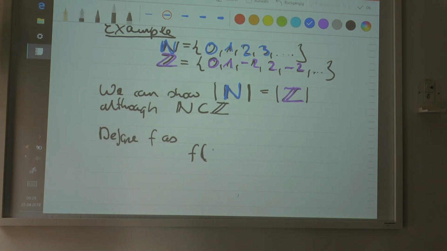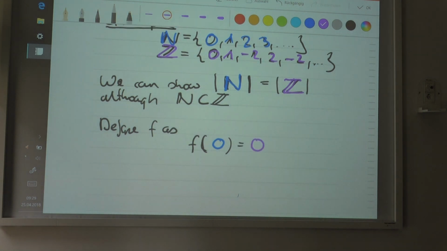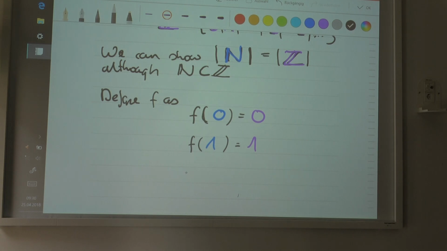So for instance, what would be the image of 0? The image of 0 would be 0, the same thing. Then the image of the number 1 would be 1. This is how we move. Then the image of the number 2 would be what?